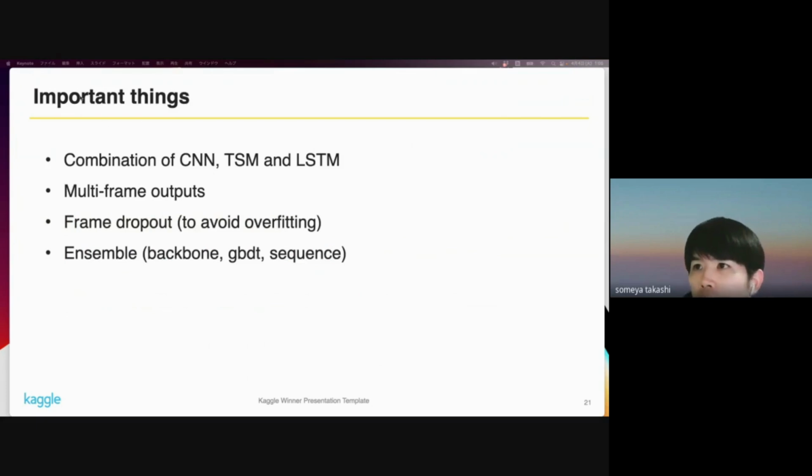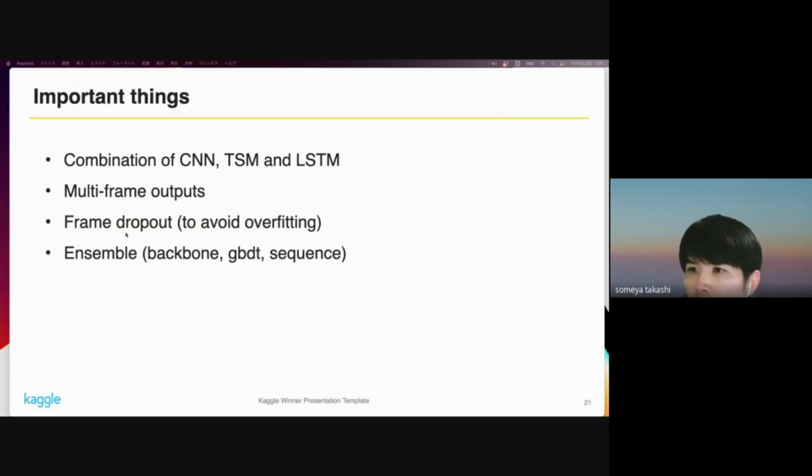Also, this is important: I think the combination of CNN, temporal spatial module, and LSTM is a very good choice for our solution. By using this architecture, we can do multi-frame inference, and this helps to speed up the training time and also the inference time.